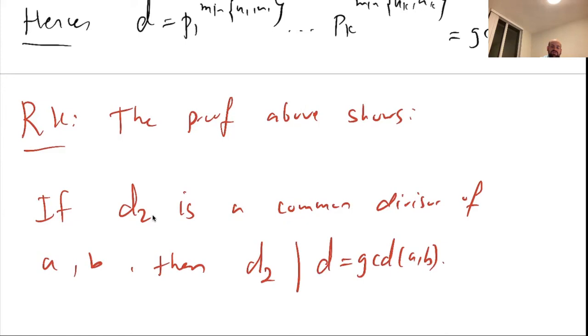Therefore, GCD must be bigger than or equal to any common divisor, which I called D2.